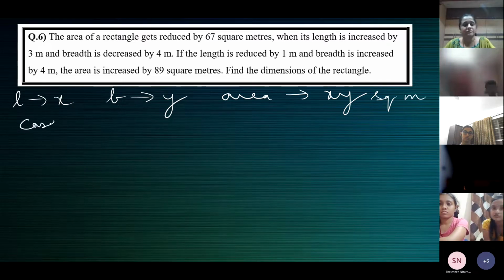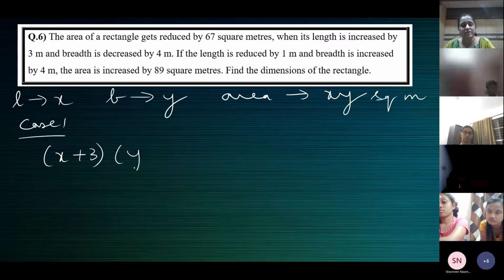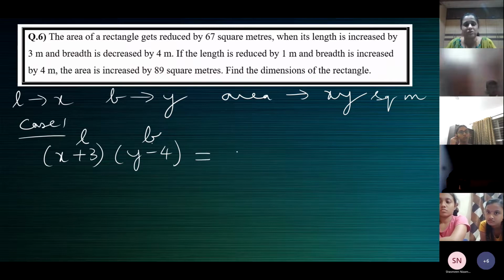Case 1. The length is increased by 3 meters. So x is the original length, it's increased by 3. The breadth is decreased by 4 meters. The original breadth is y, it's decreased by 4 meters. This is the new length. This is the new breadth. What is the new area? The new length into the new breadth will be equal to the new area. What's the new area?